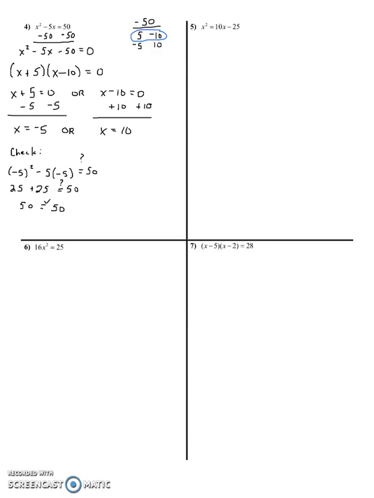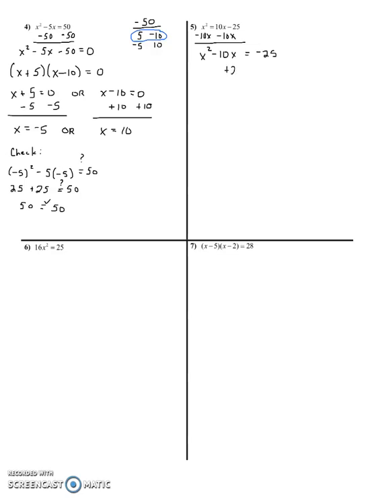Now let's turn our attention to number 5. This one, we have the same problem. We don't have all our terms on the left side of the equation equals 0, so we need to subtract 10x from both sides. And that gives us x squared minus 10x equals negative 25.